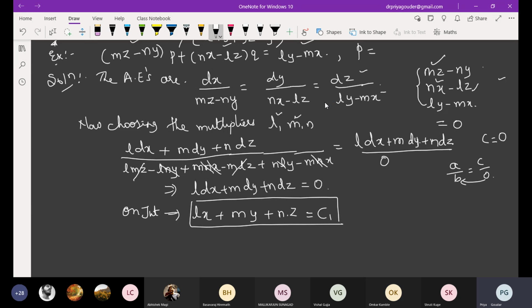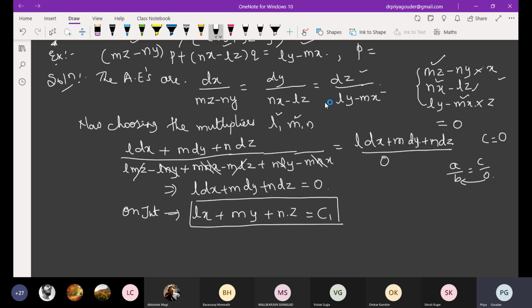So if I want to cancel Mz and Mx, what do I have to do for the first one? I should multiply with x. And if I want to cancel this same M term, I have to multiply this with what? z, isn't it? Like cross multiplication, how you use simultaneous equations, same way.